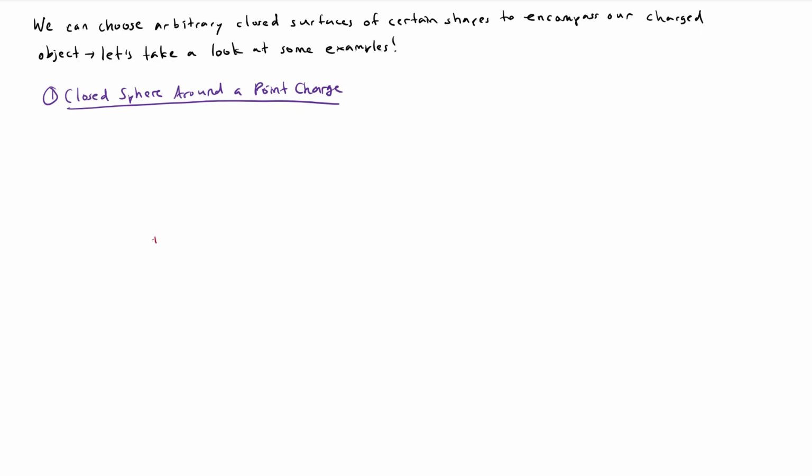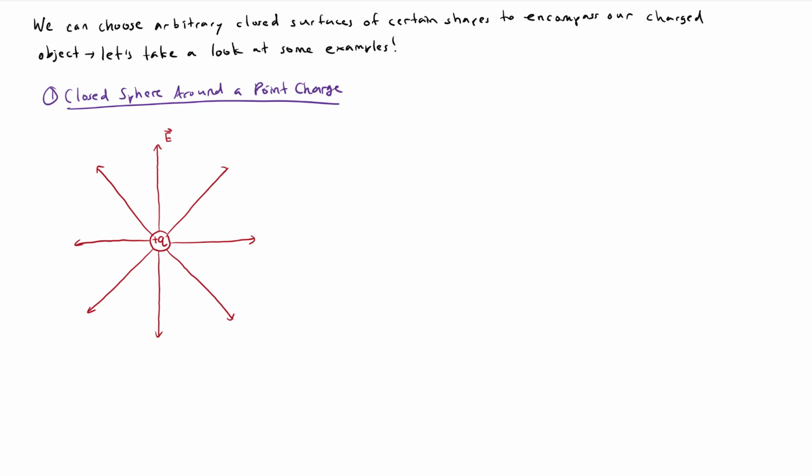So we have plus Q. I know that there's going to be electric field lines radiating out of charge Q. So I draw a few of these. So these are my electric field lines.